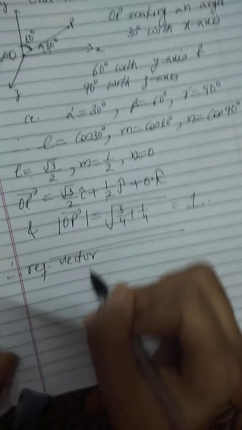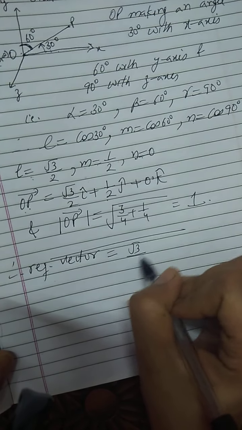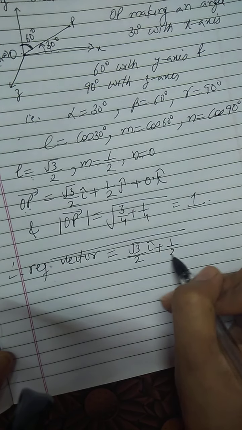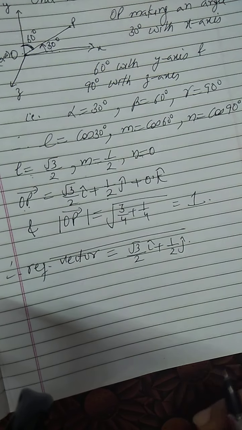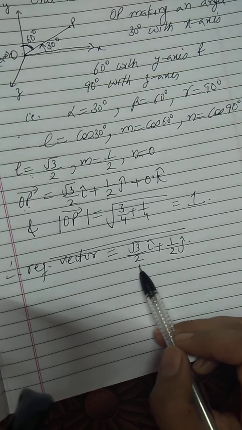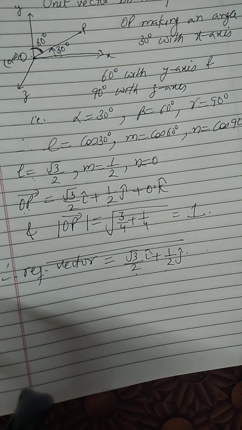Therefore our required vector will be root 3 by 2 i cap plus 1 by 2 j cap, and it is lying in the xy plane only, because there is no component for the z-axis, that is k cap. Okay, so this is the unit vector in xy.